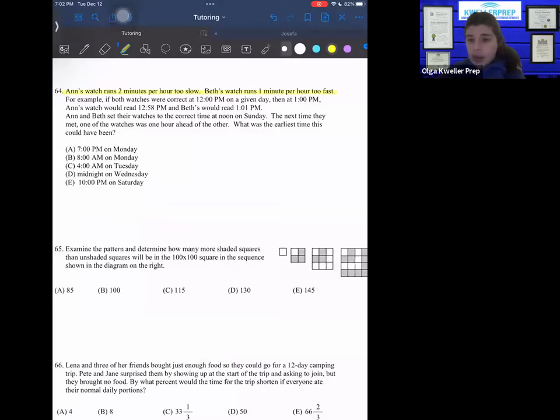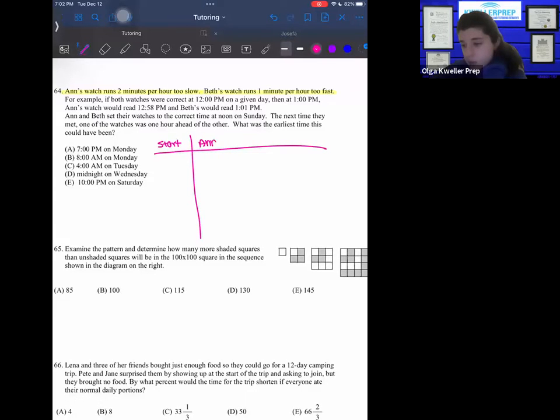Okay, so the way that I would think about it is I would start making a table for myself, right? So we can say this is the start. And then we can think about Anne's watch, and then Beth's watch. This will be time since Sunday noon, right?